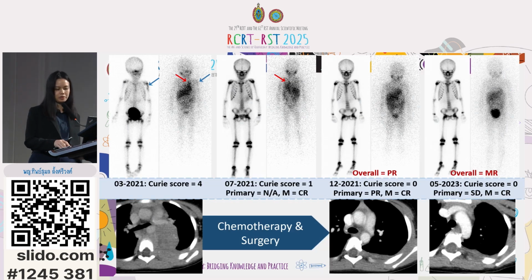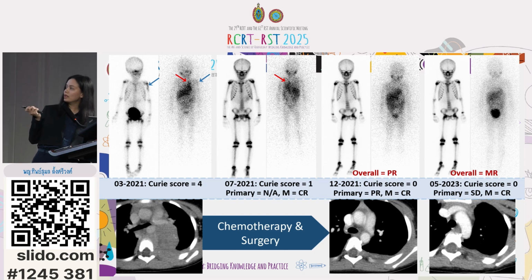This is the treatment timeline along with the response assessment. Firstly, in March 2021, the patient had a mediastinal neuroblastoma with bone metastasis with a Curie score of 4. During chemotherapy in July 2021, the patient had a functional scan that showed a Curie score of 1 due to resolution of metastatic disease.